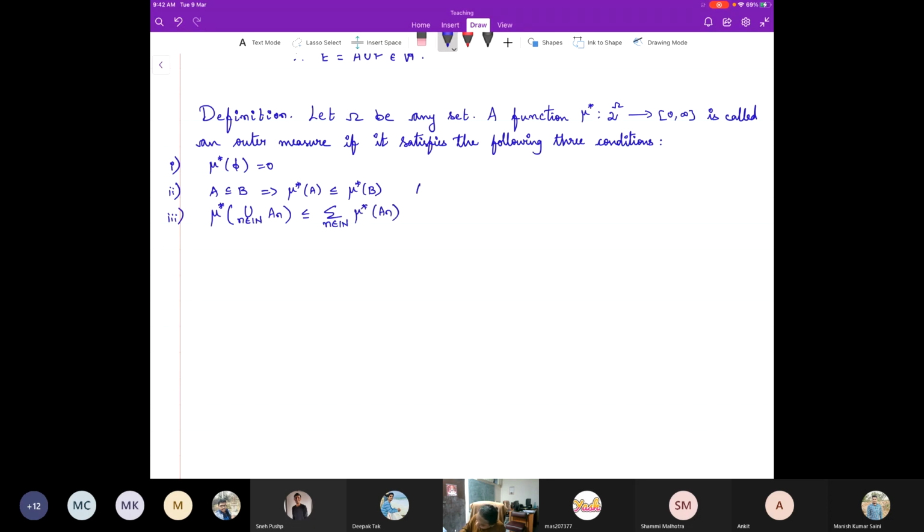So this is monotonicity, and this is countable subadditivity.